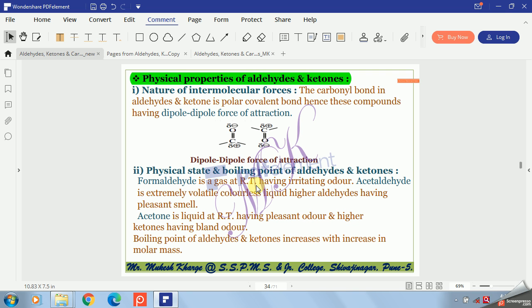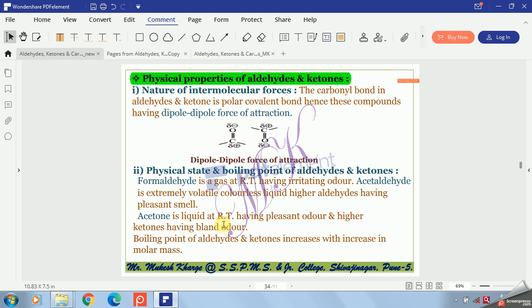Acetaldehyde means CH3CHO, volatile, colorless. Extremely volatile means those compounds which have low boiling point, they easily evaporate. For example, petrol, diesel, these are volatile liquids. So it is an extremely volatile, colorless liquid, and higher aldehydes having pleasant odor or smell.